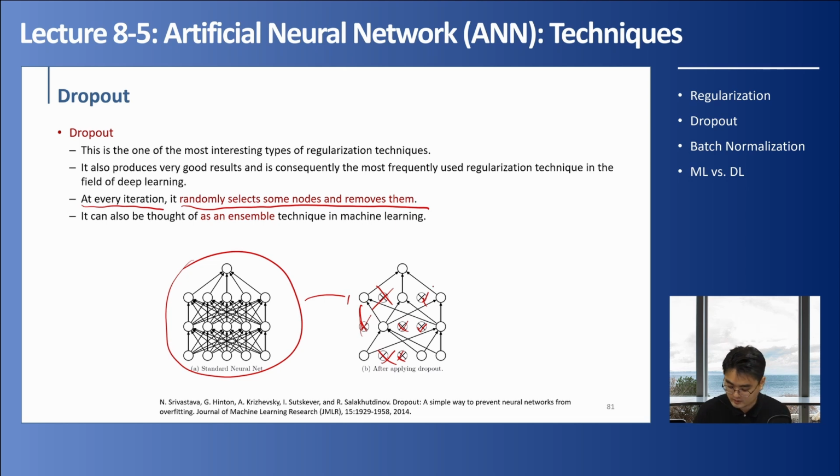This is one example, and in another iteration we can delete other nodes, for example this one and this one. Anything can happen in these dropout layers. You can also think that we are training many different types of neural networks at once, or you can think of this as an ensemble technique in machine learning.